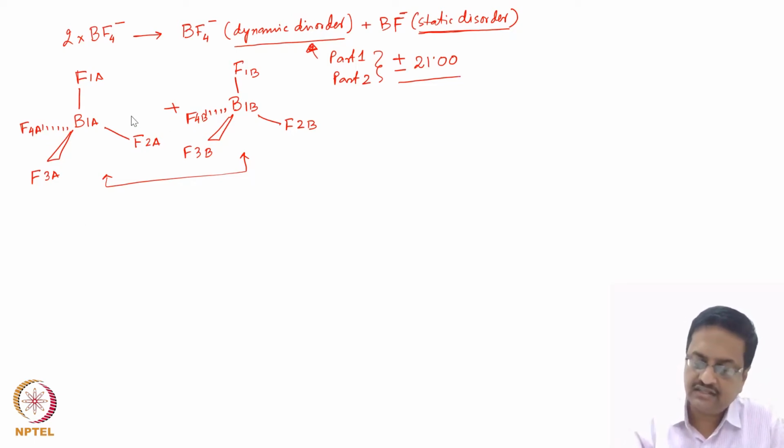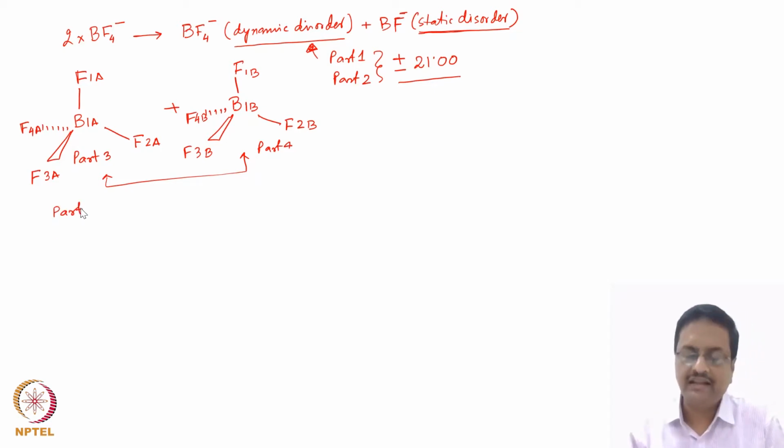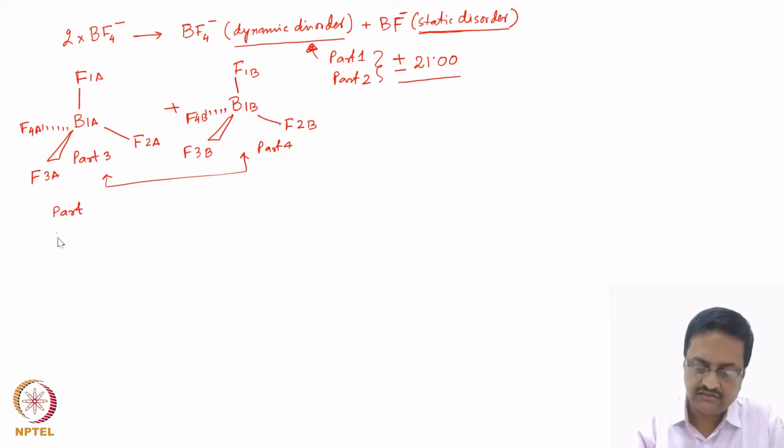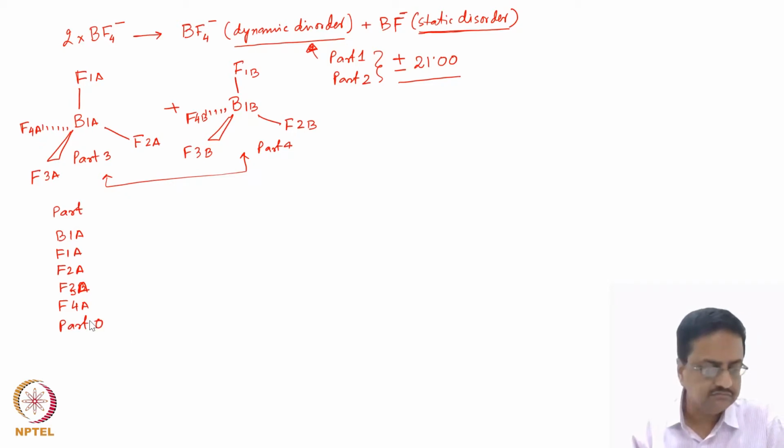So this static disorder part, we write this part as part 3, this part as part 4. So in part 3, we should arrange these atoms in the sequence B1A, F1A, F2A, F3A, F4A, and we close it with part 0.